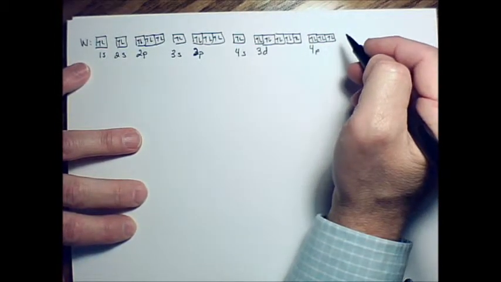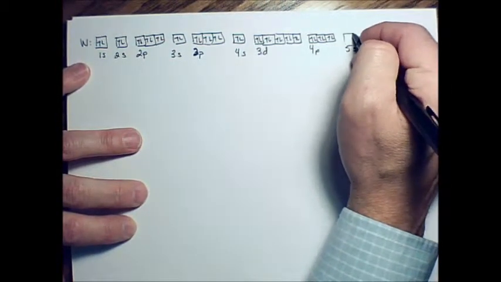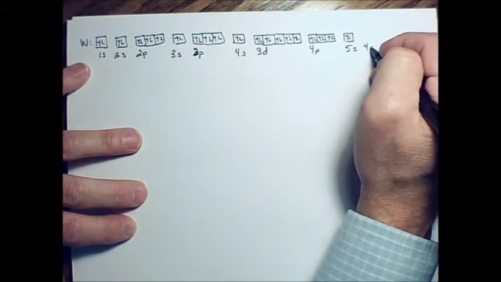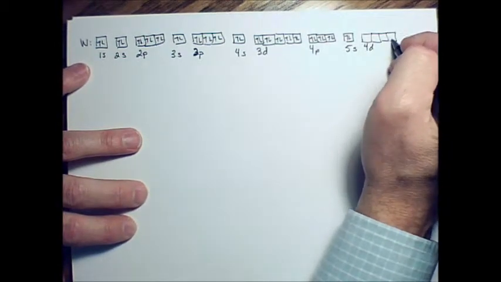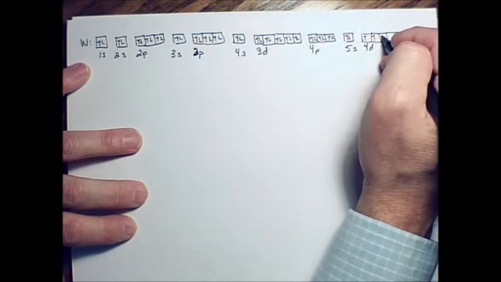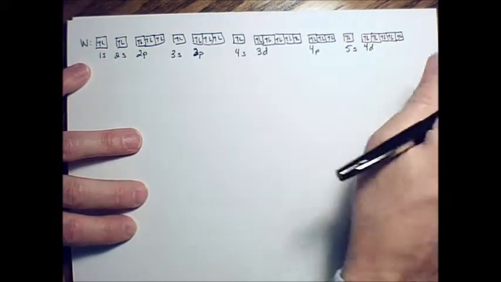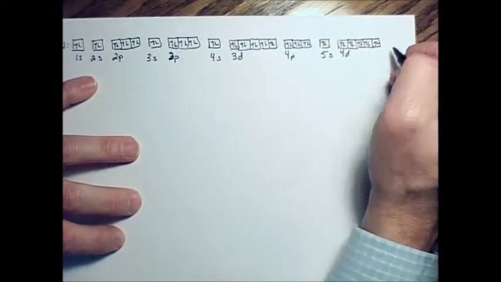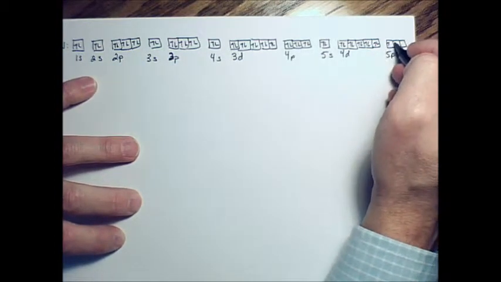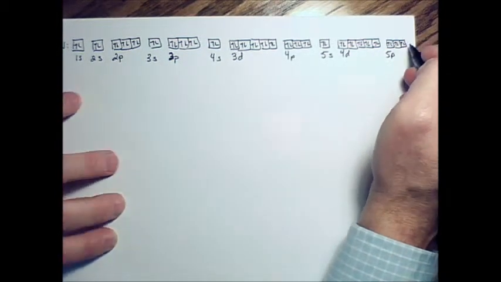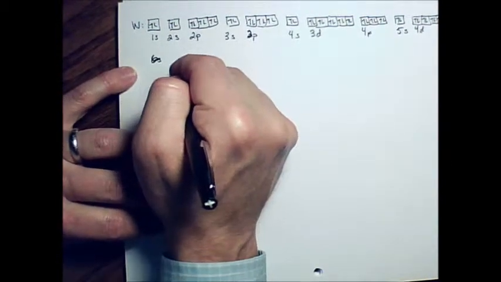Alright, I'm at krypton now, so I need to go to rubidium next, starting where yttrium is. Then we're going to go back to 5p. And I will come back down here for 6s. Let's move out here down just a little bit.